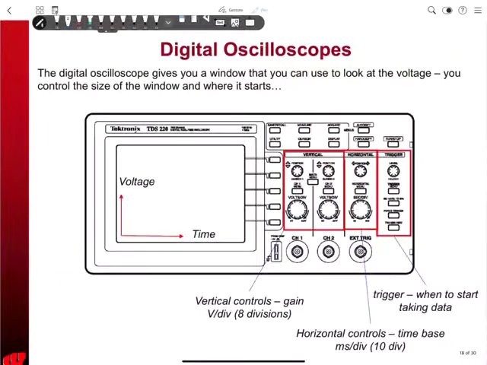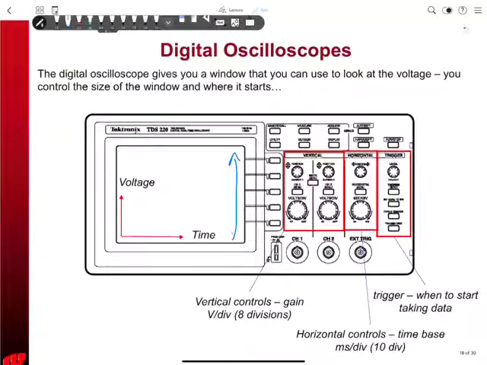All right, so the oscilloscope gives me a window that I can use to look at this voltage. So I need to control how big the window is, right? How tall is the window? Because that's the voltage scale. If I'm measuring something that's like maybe microvolts or millivolts, for instance, the electrical signal coming from the human heart, or am I trying to measure the signal coming into a huge power transformer at the top of a utility pole, right?